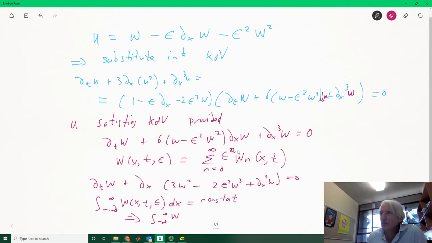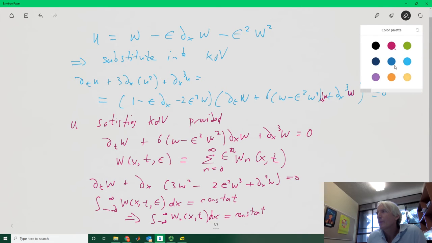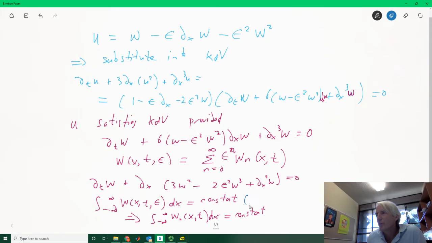If I take epsilon equals 0, that gives you the first one, and then you can take the derivative in epsilon and work out the next one, etc. You get a contradiction if it wasn't true. So this must be equal to a constant. The key point is that it's true for all epsilon, independent of its value.